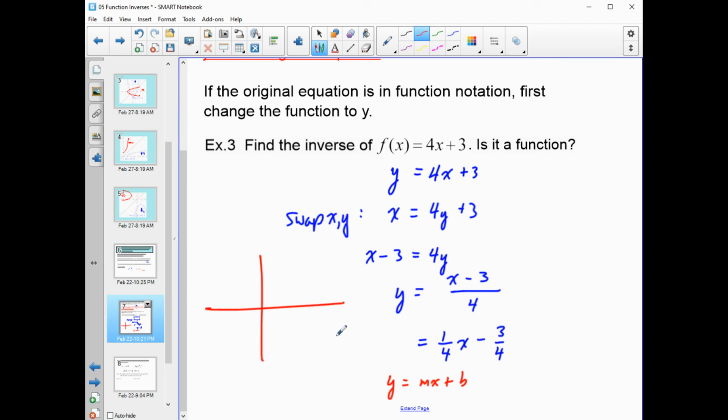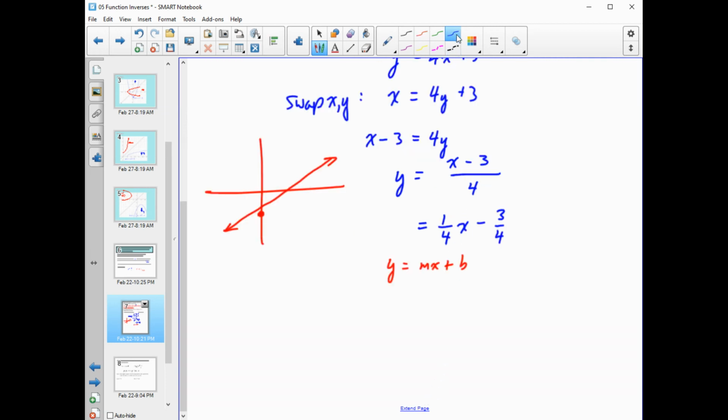It has a y-intercept at -3/4, and it has a positive slope, but a fairly shallow slope, so it's going to look something like that. Is that a function? Yes, that passes the vertical line test, and so this is a function because of the vertical line test.